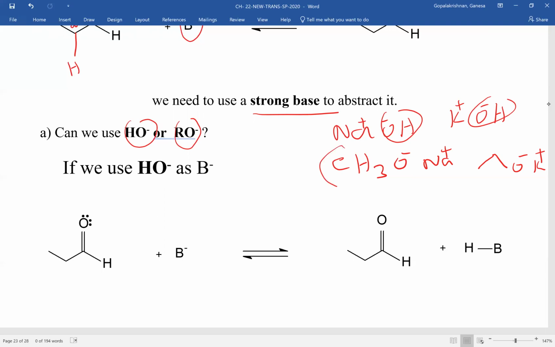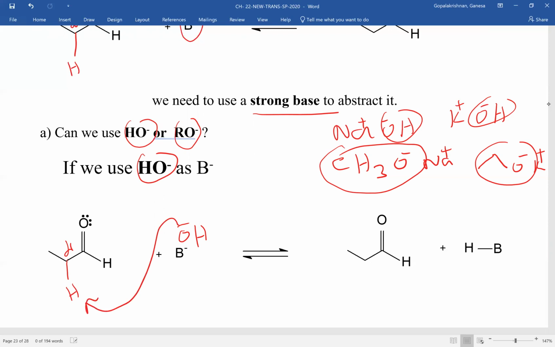In this, this is the base, this is the base. Can we use them? Let us try. If you use OH as a base here, if it abstracts the proton from here, the conjugate acid is water. Its pKa is 15.4.